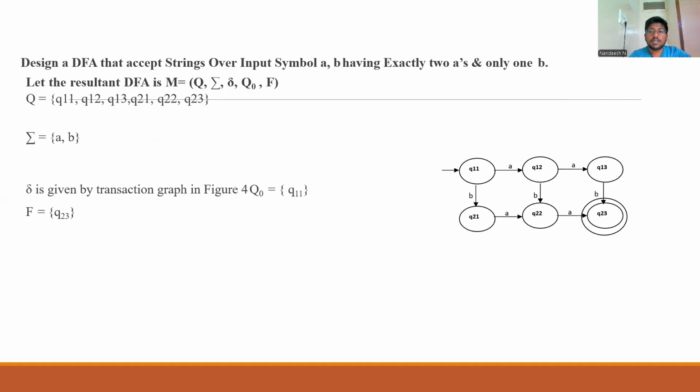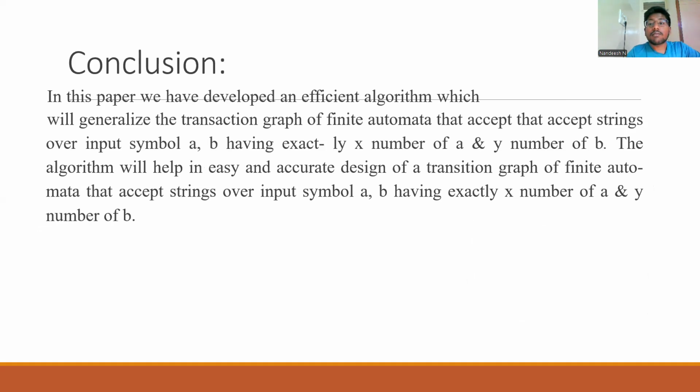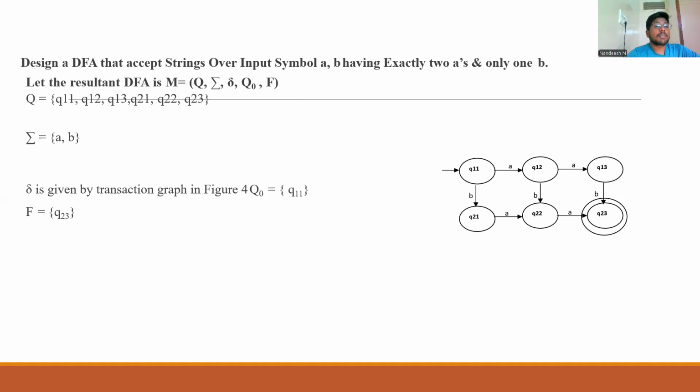Let us discuss another problem. Design a DFA that accepts strings over input symbols a, b having exactly two a's and only one b. The resultant DFA is M with states Q11, Q12, Q13, Q21, Q22, Q23.